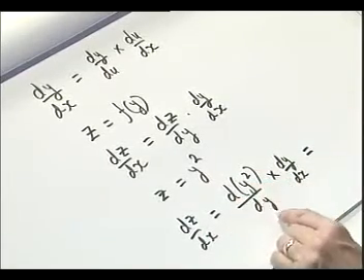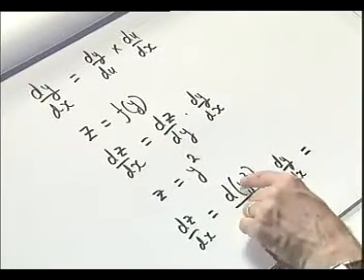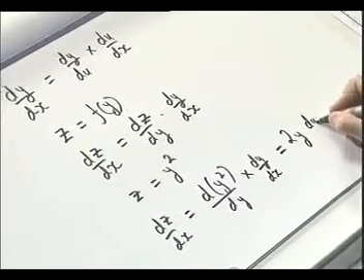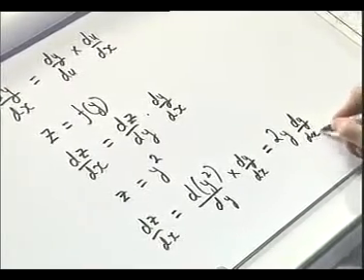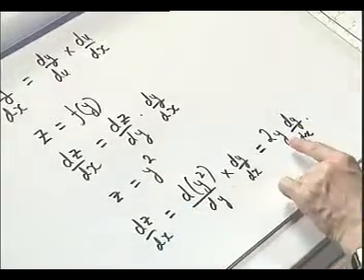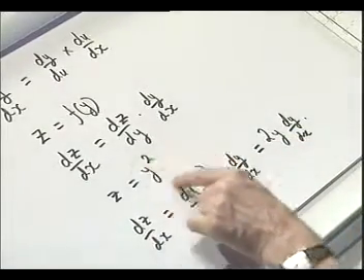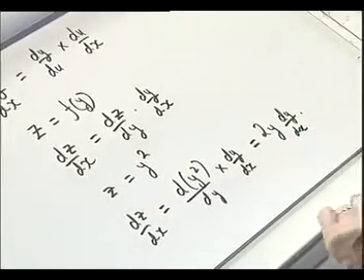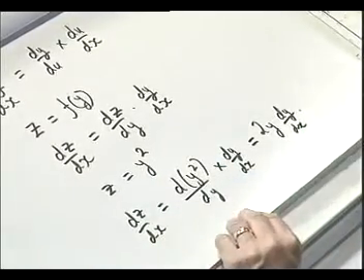And the derivative of y squared with respect to y is equal to 2y times dy by dx. Notice what we seem to have done is just differentiated y squared with respect to y and multiplied by dy by dx. And I'll draw attention to that again later on.